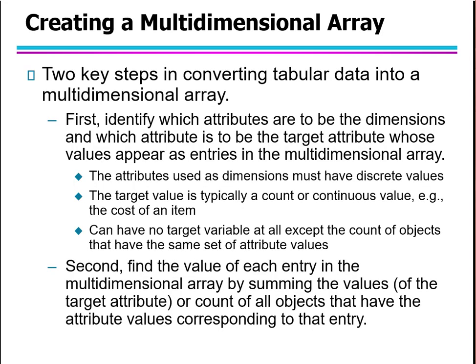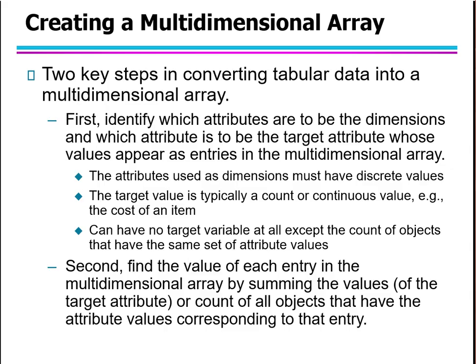Creating a multi-dimensional array. Converting tabular data into a multi-dimensional array involves two key steps. First, we need to identify which attributes will be the dimensions and which attribute will be the target attribute, whose values appear as entries in the array.